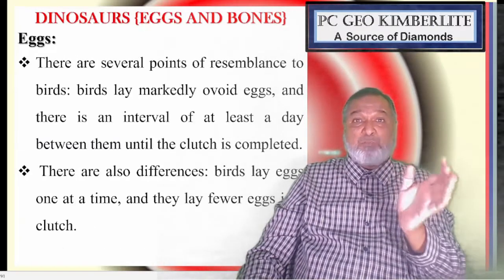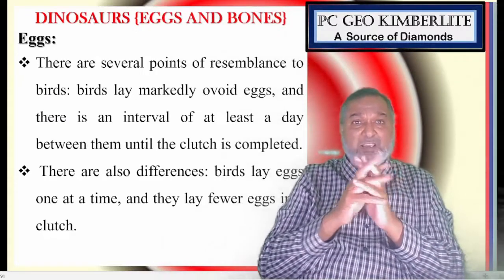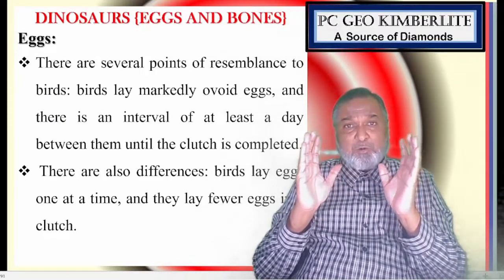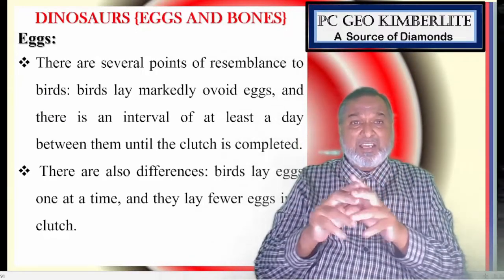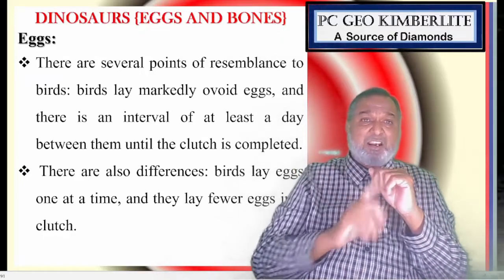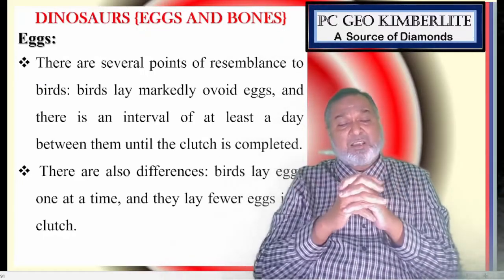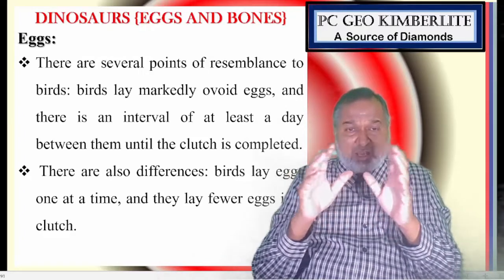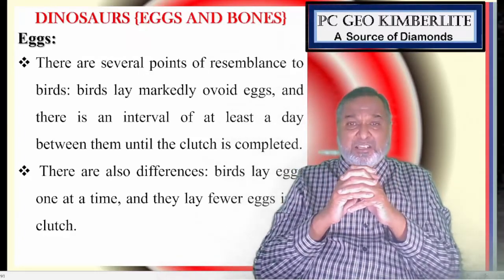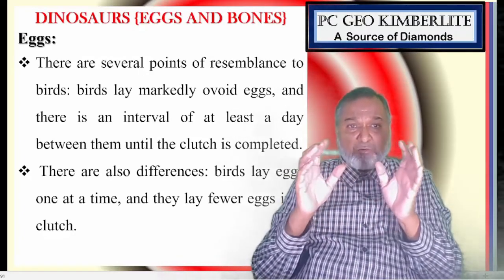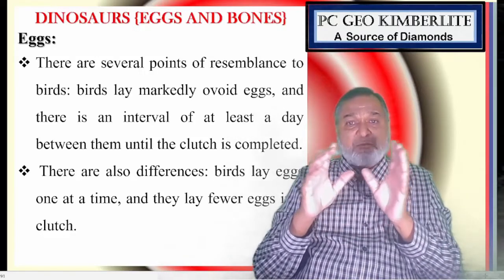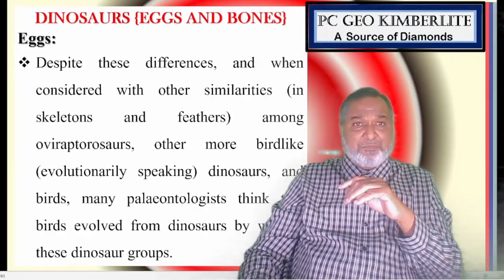There are several points of resemblance to the birds. Birds lay remarkably ovoid eggs and there is an interval of at least a day between them until the clutch is completed. There are also differences. Birds lay eggs one at a time and they lay fewer eggs in a clutch.